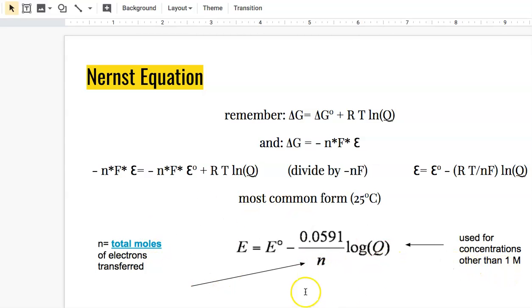So this is still the equation that we're going to use, and it'll work just fine. We just changed the base from base e to base 10.